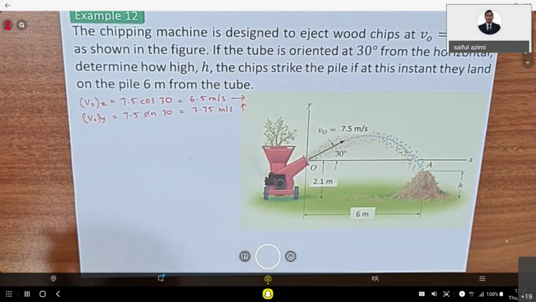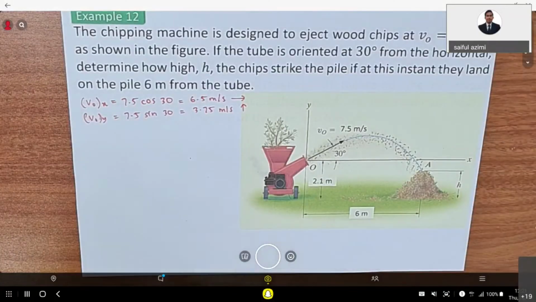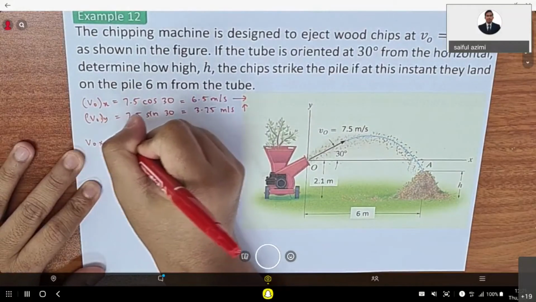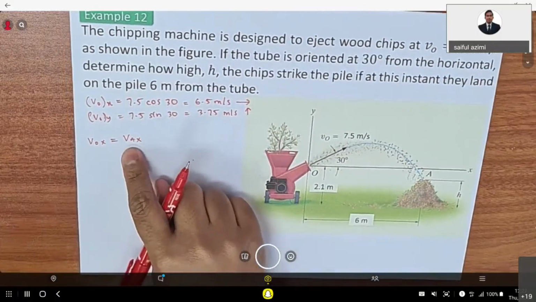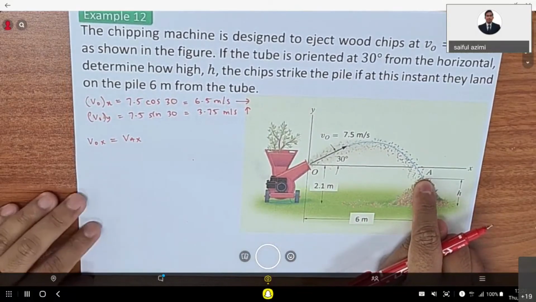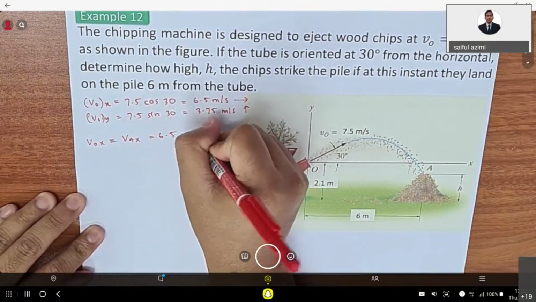According to the definition of the motion that we learned, the velocity V0x equals VAx because the horizontal velocity is the same from the initial point until it reaches A, which equals 6.5 meters per second.